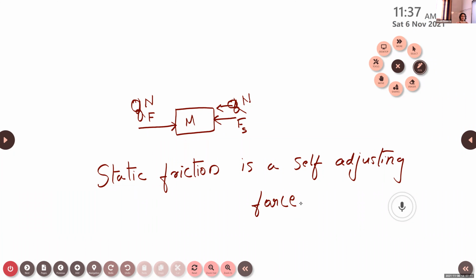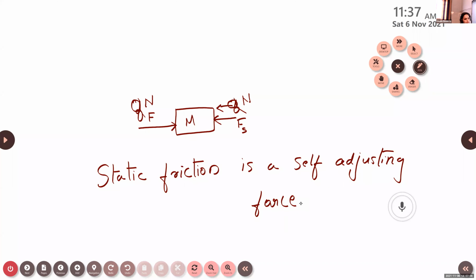Because whenever we apply a force of some magnitude to an object at rest, at the same time the static friction also exerts the same magnitude of force from the opposite direction in order to keep the object in a stationary state. That's why we call static friction a self-adjusting force.